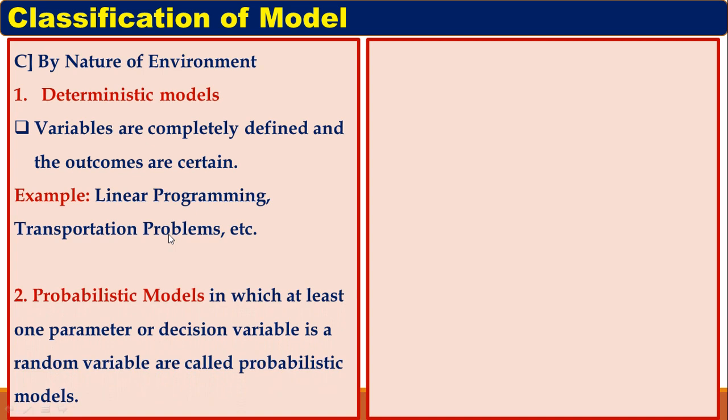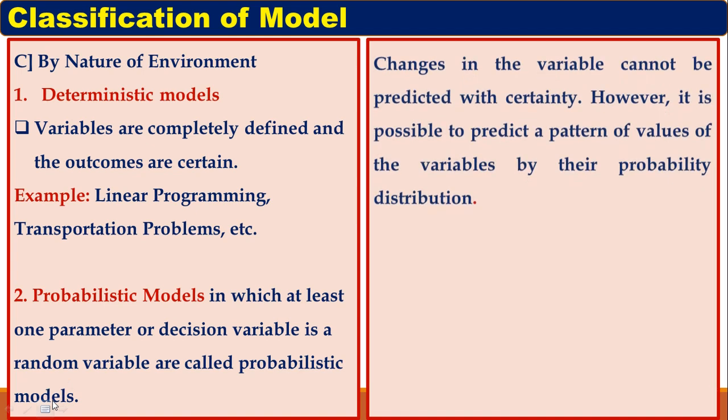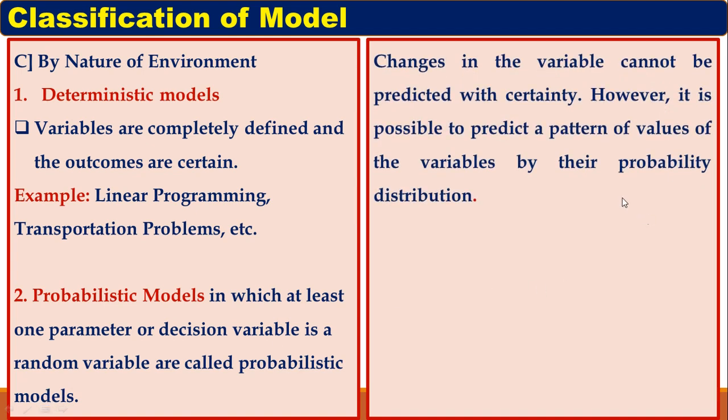Second is the probabilistic model. It is the model in which at least one parameter or decision variable is a random variable, that is, it cannot be predicted or defined completely. Changes in the variable cannot be predicted. As I said, these variables are random, so we cannot predict the change in the variable with certainty.